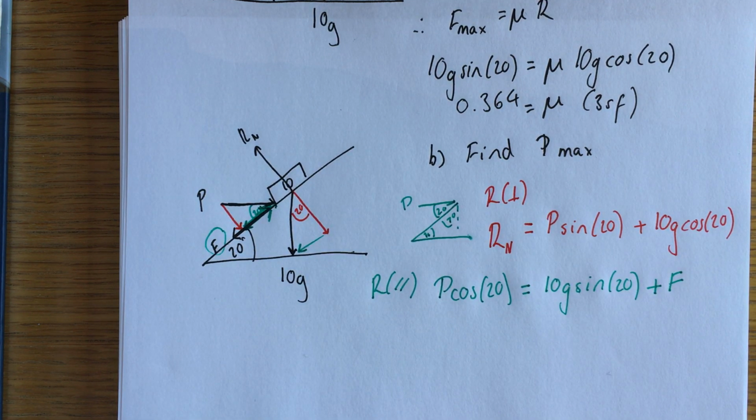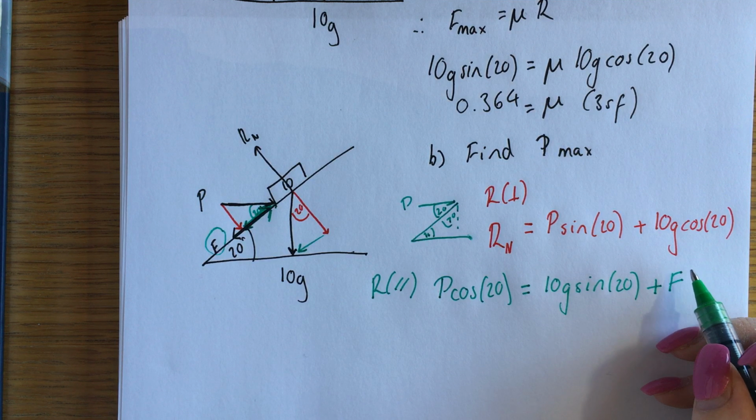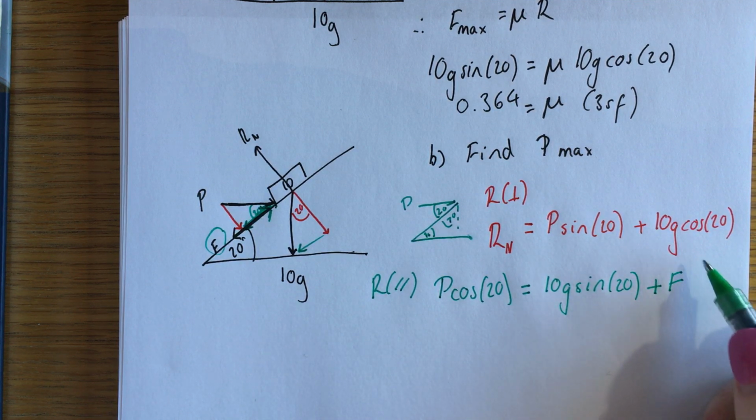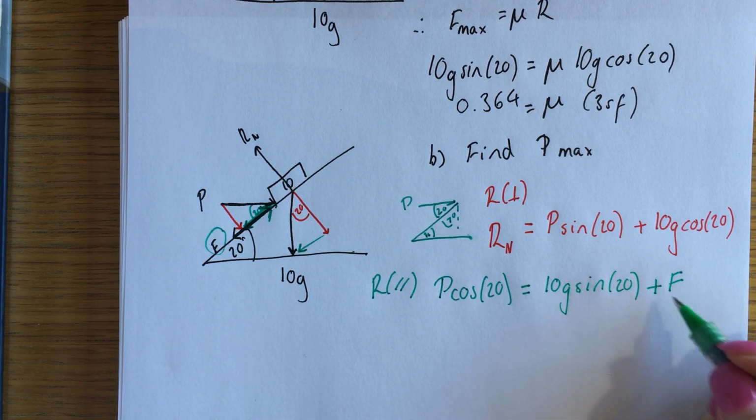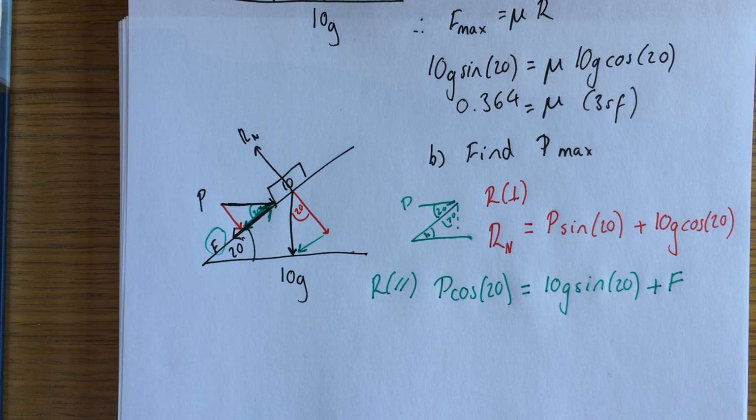Okay, now I'm going to make it F equals, because obviously I want to work out P in this case. I already have a value for mu, because I've got a value for mu from the previous question.